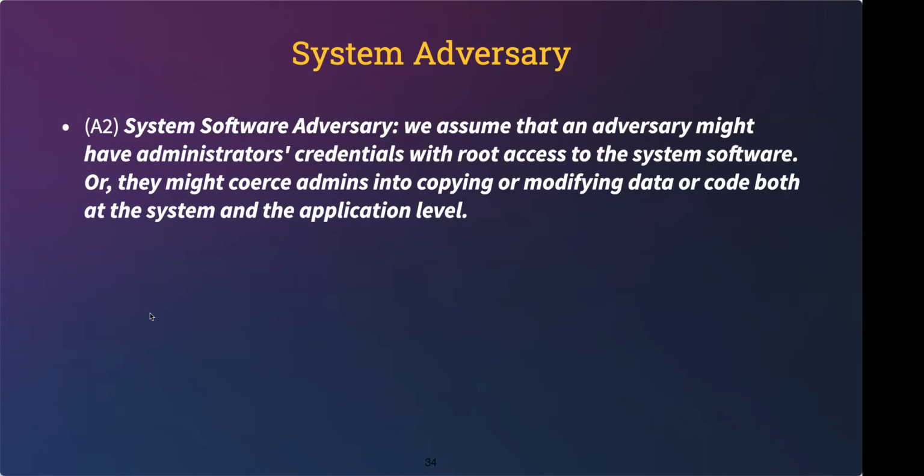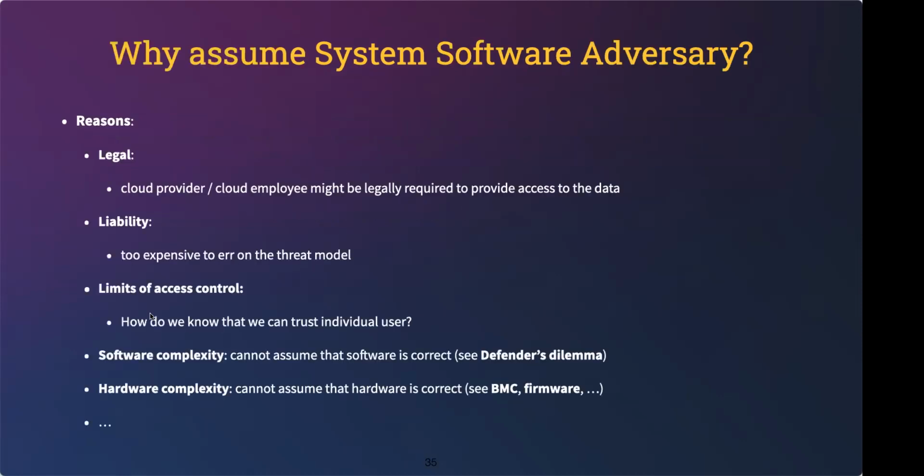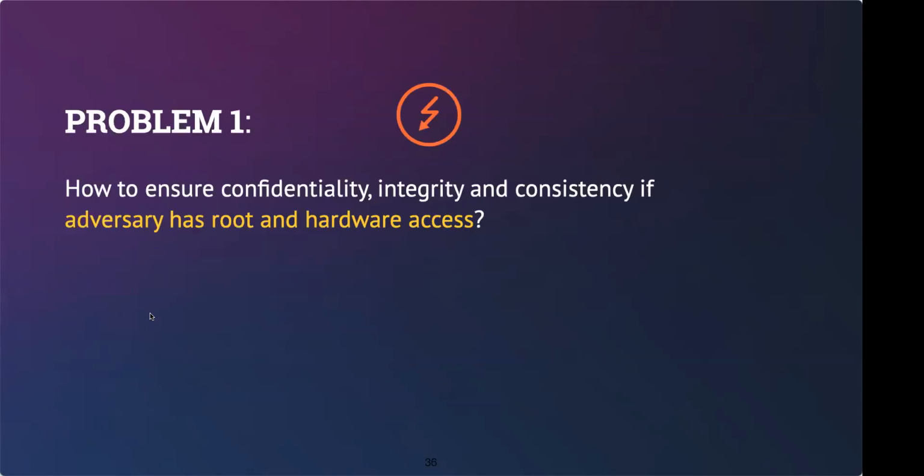Now we have the problem that we cannot necessarily trust that edge cloud. Therefore, we typically assume that the adversary has root access. There might be multiple reasons for that. I mentioned already a few. Let me skip the rest of these.